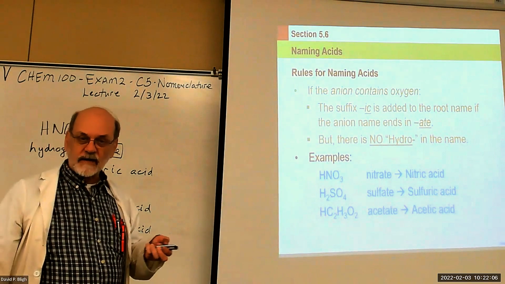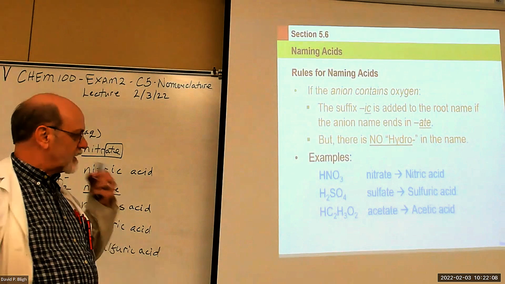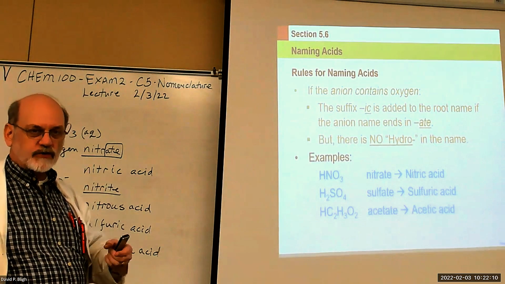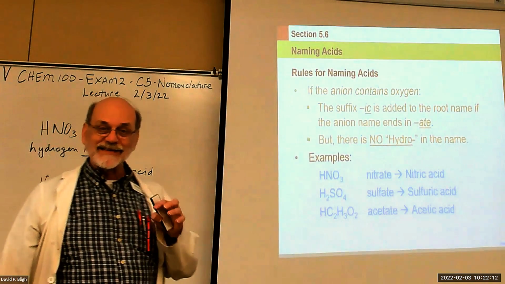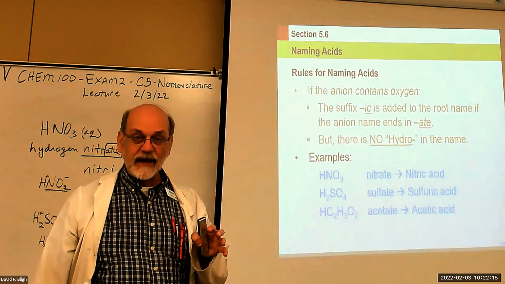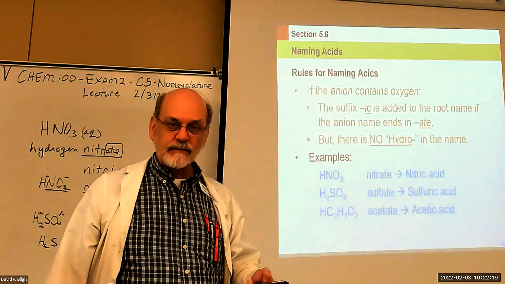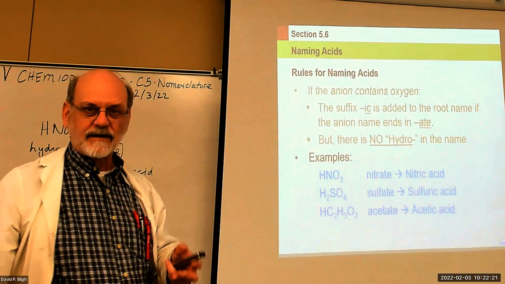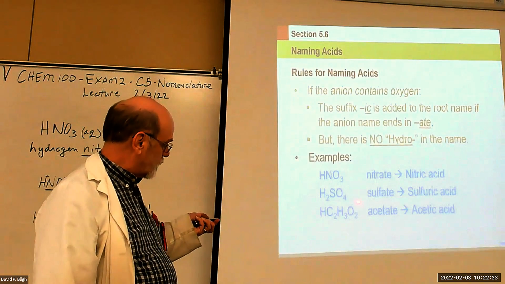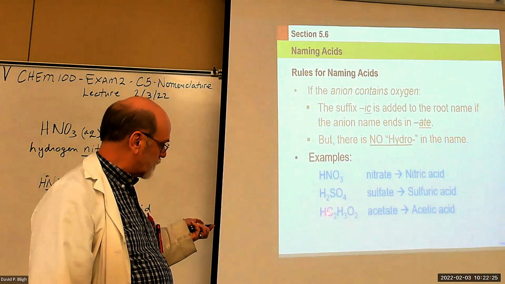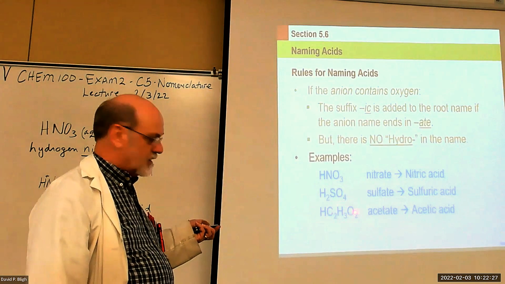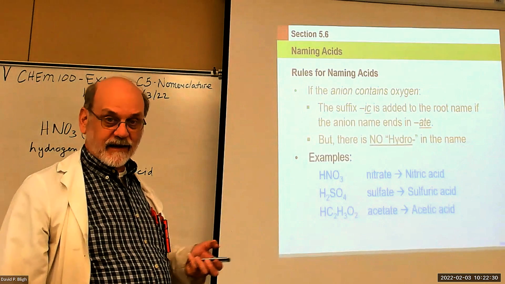I mentioned this one earlier. C2H3O2- is the acetate polyatomic ion. So ates become ics. Acetate becomes acetic acid because there's an oxygen there. So we start with this part of the name. Acetate becomes acetic acid.